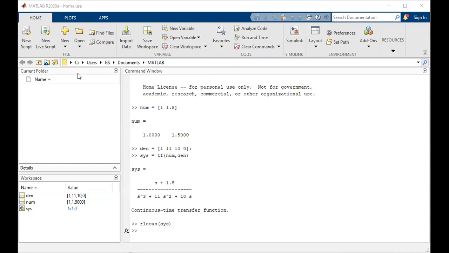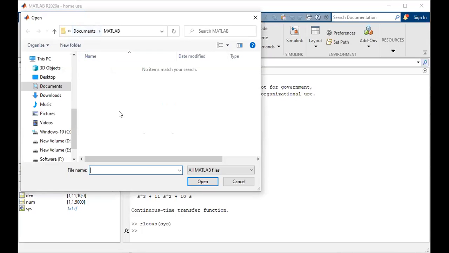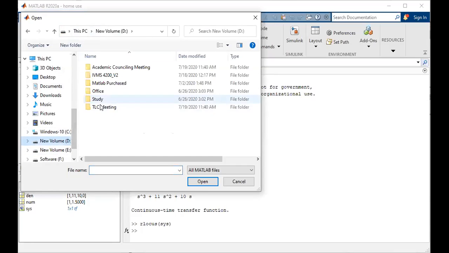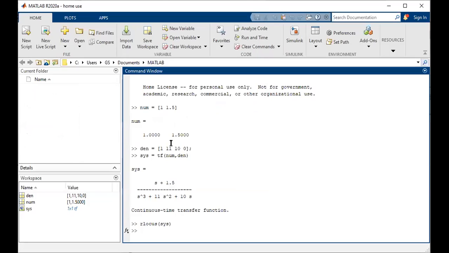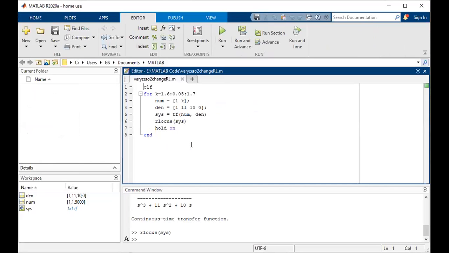Now here is the script. Let me open the script. So the value of k is being changed. I'm just changing the location of the zero, from 1.6 to 1.7.